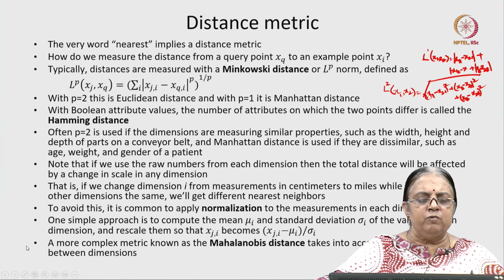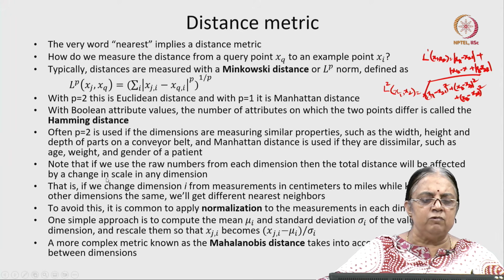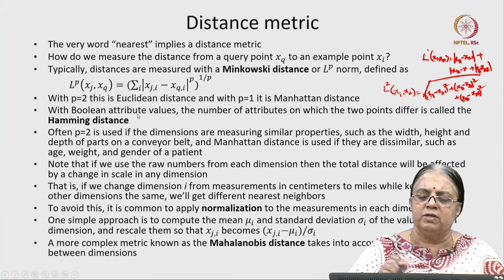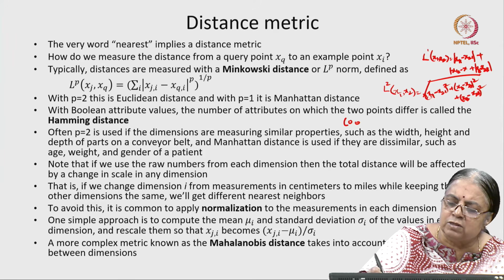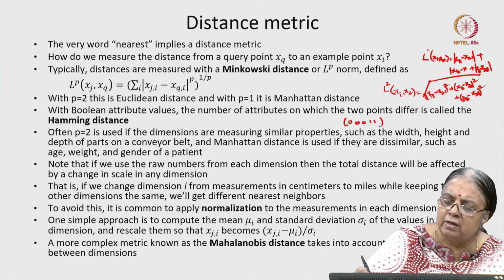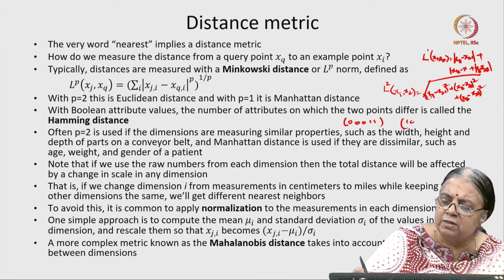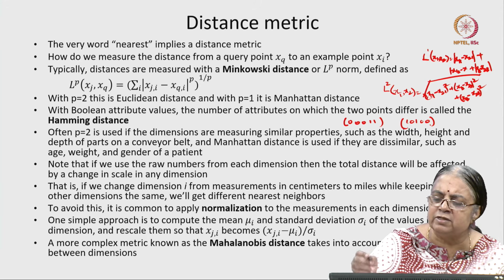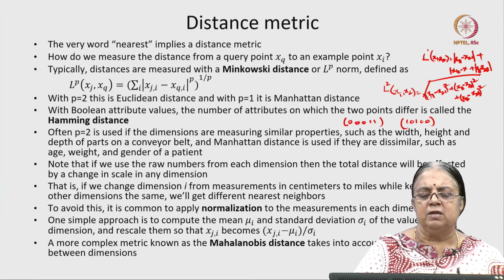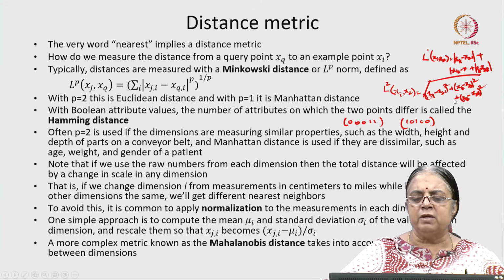Suppose you have Boolean attributes, it means you have only zeros and ones. Suppose I have one pattern which is 0 0 0 1 1 and another pattern which is 1 0 1 0 0, and I want to find the distance between these 2 points. That is what is called the Hamming distance.